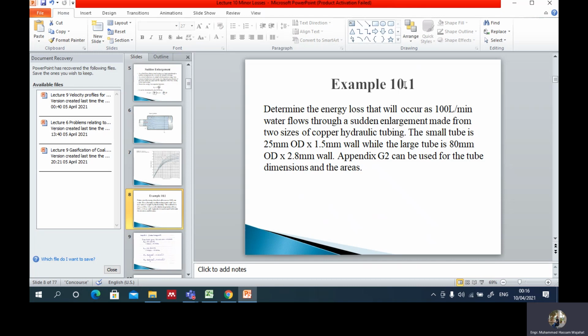Number one, you can see that there are two different pipes. So automatically, you can find out the areas of the two different pipes. There are two ways to find the areas. Number one, if you have the data, you go back to the appendix and write down the values, because the values are only for the internal diameter.